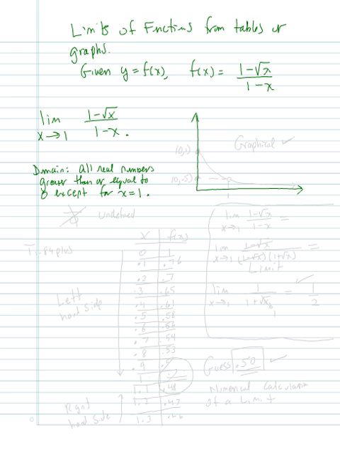Notice if we plug in a 1 in the denominator of this fraction it will become 0, and we would end up with 0 in the denominator, and that is undefined. And that's not any good.